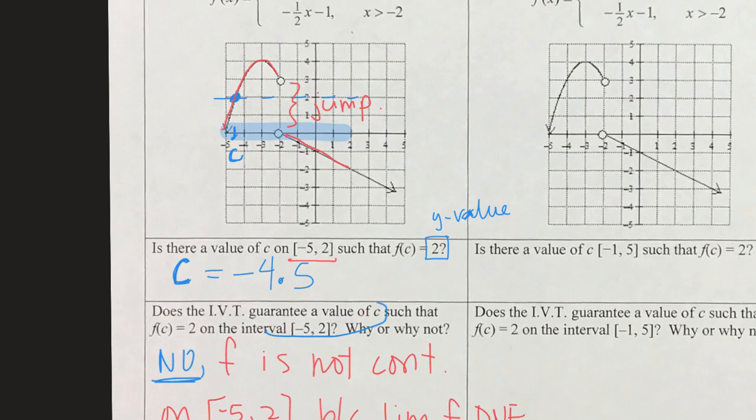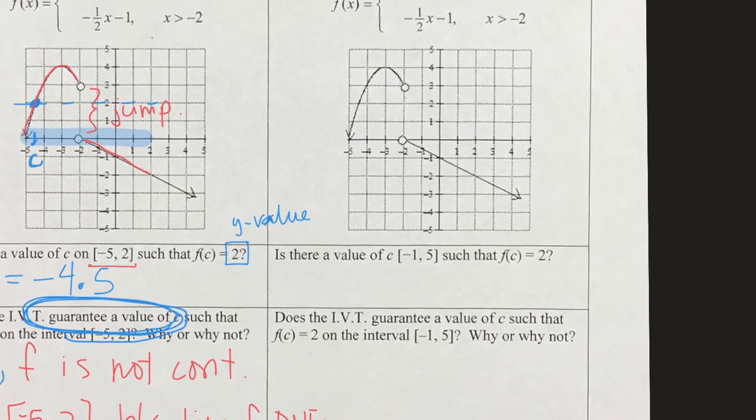Does it guarantee that you have to have a c value? Number one, it has to be continuous. If the function is not continuous on that interval, then a value is not guaranteed. It could be there, but it's not guaranteed. That's one of the stipulations of the IVT, this word guarantee, which is a loaded word.